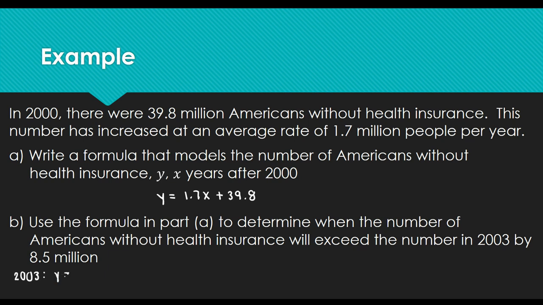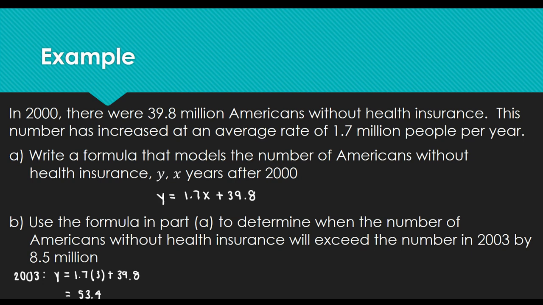So we're going to have y equals 1.7 times 3 plus this 39.8. Okay, so we get to use a calculator. If I multiply and I start solving, I'll see that in 2003, we're at 53.4 million Americans that don't have health insurance.